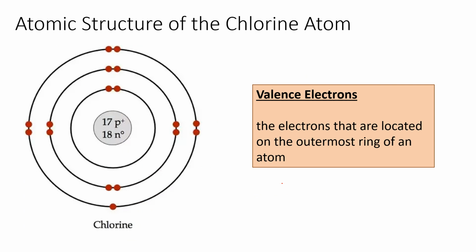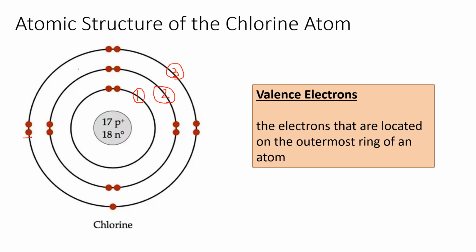Now, if we were to look at the structure of chlorine and see how those electrons are arranged in the electron cloud, we can see again that in that first orbit, we have 2 electrons. In that second orbit, we have 8 electrons, and in that third orbit, which is the outermost orbit, we're going to count the electrons to determine the number of valence electrons.